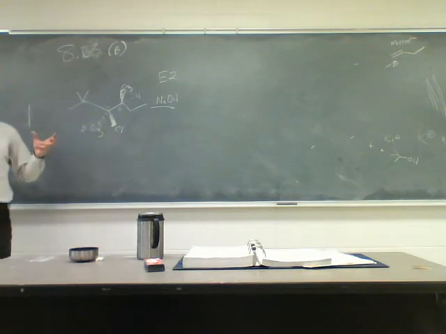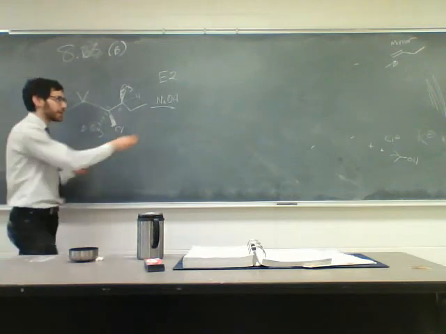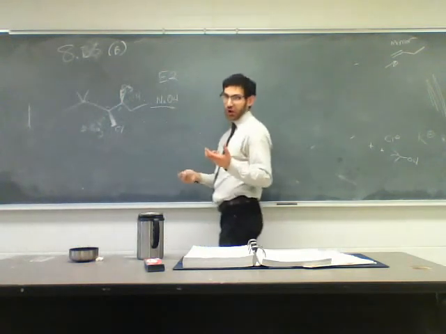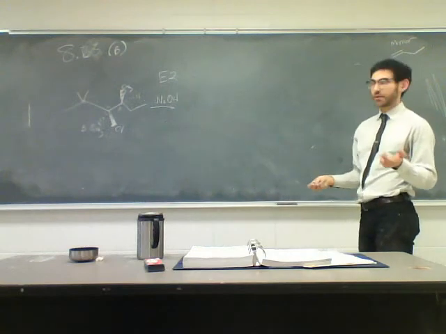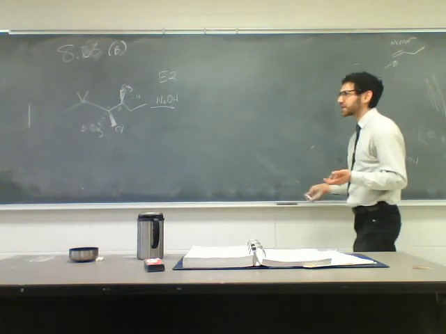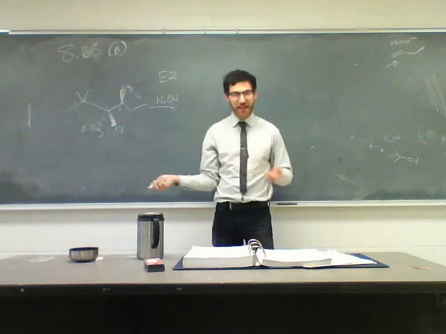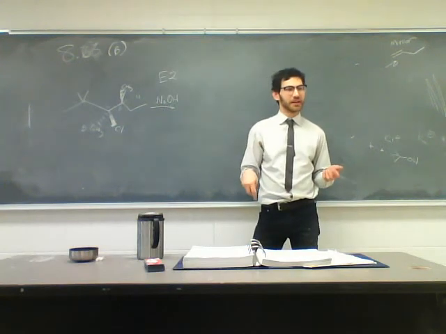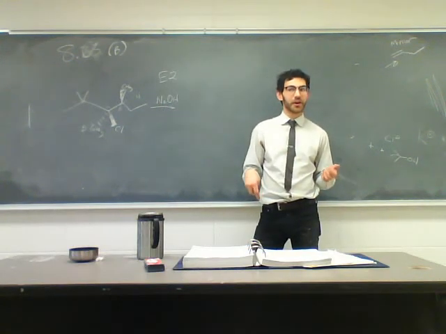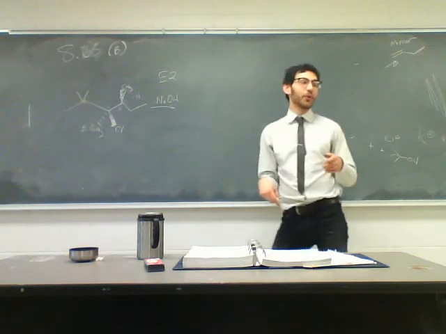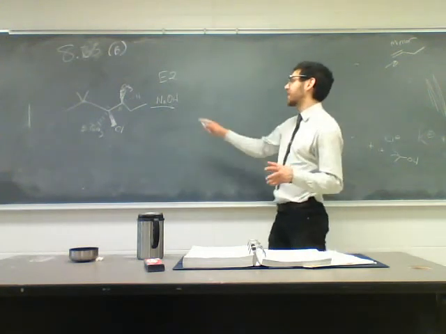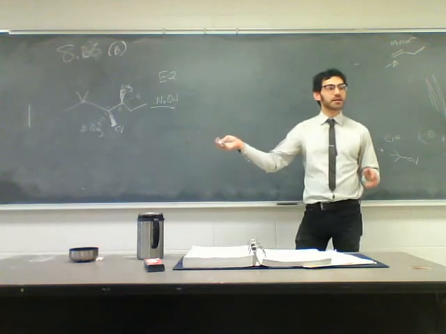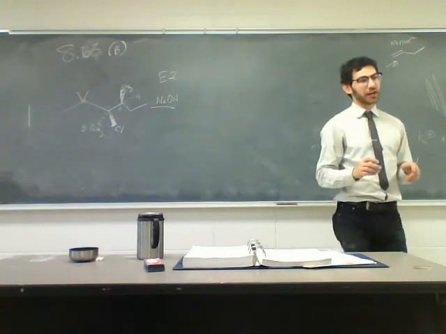We don't have a bulky base. NaOH is a pretty small base. It's a pretty strong base too, fairly strong. So would this favor the Zaitsev product or Hofmann product? The Hofmann. Rather, instead of using old dead people's names, would this favor our more substituted product or our less substituted product?